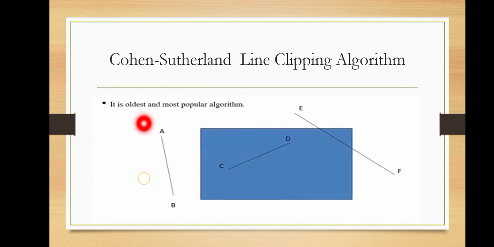Suppose there are line AB, line CD, and line EF, three lines, and this is a window. Against that window we have to clip the lines.